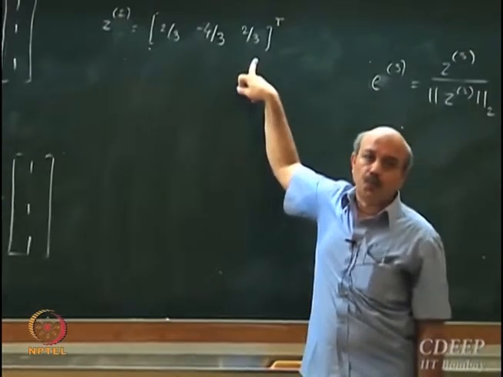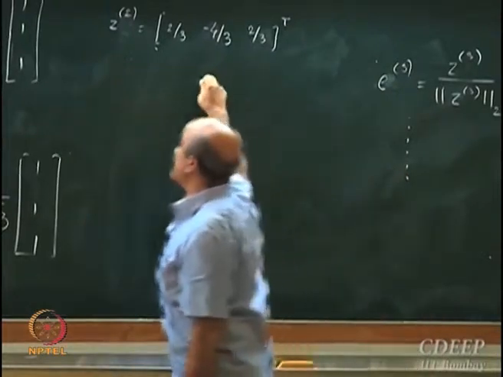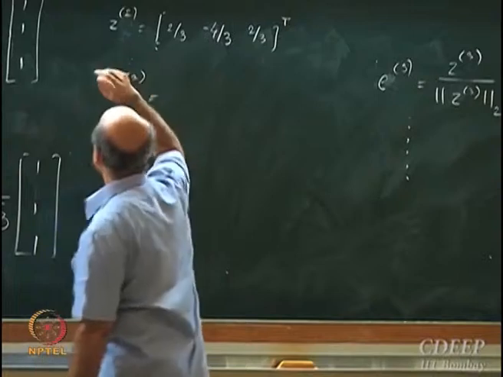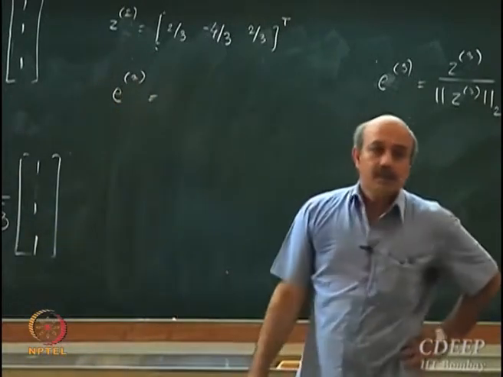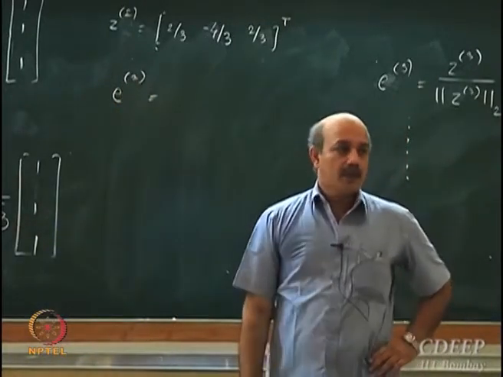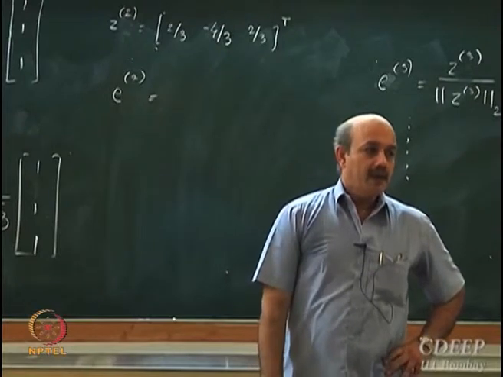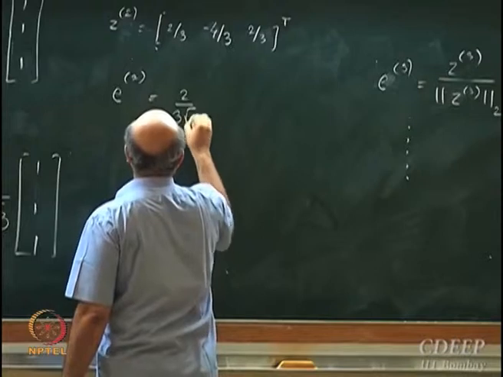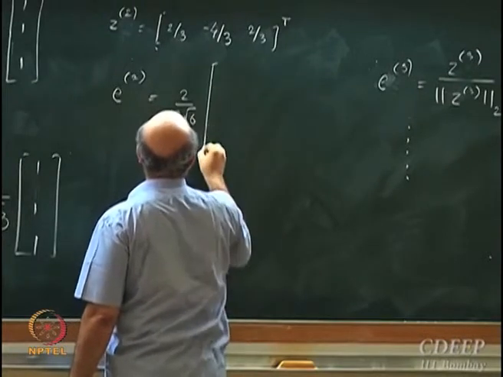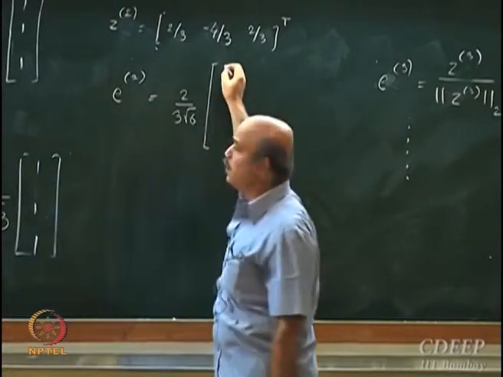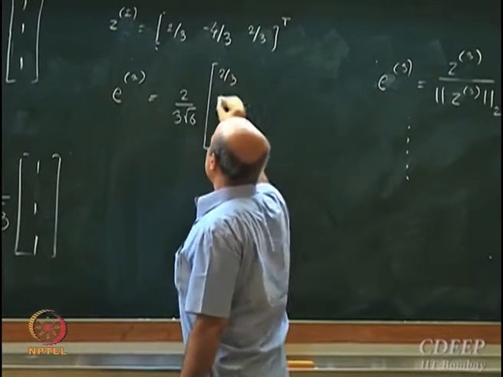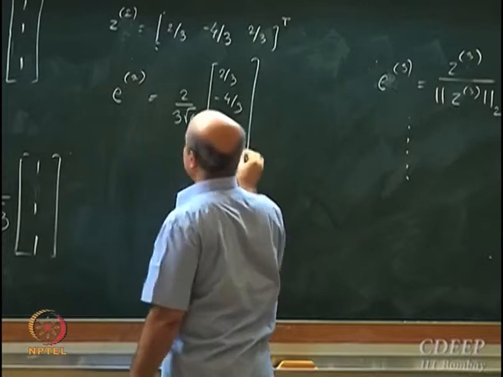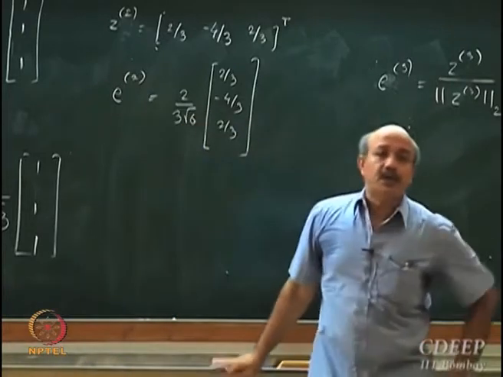So what is e2? You have to help me with this. 2 by 3 root 6, (2/3, -4/3, 2/3). This is my E2.